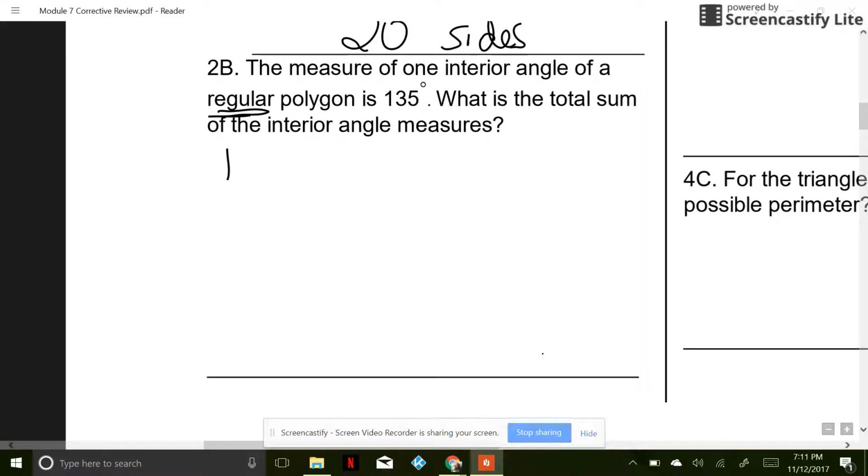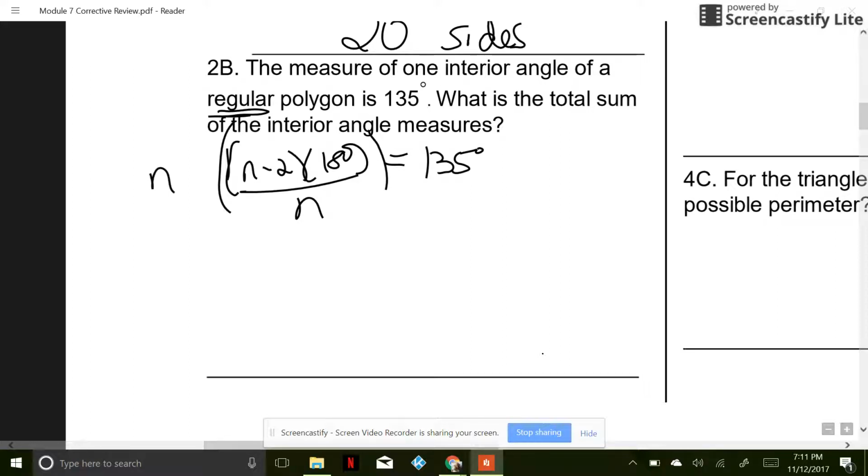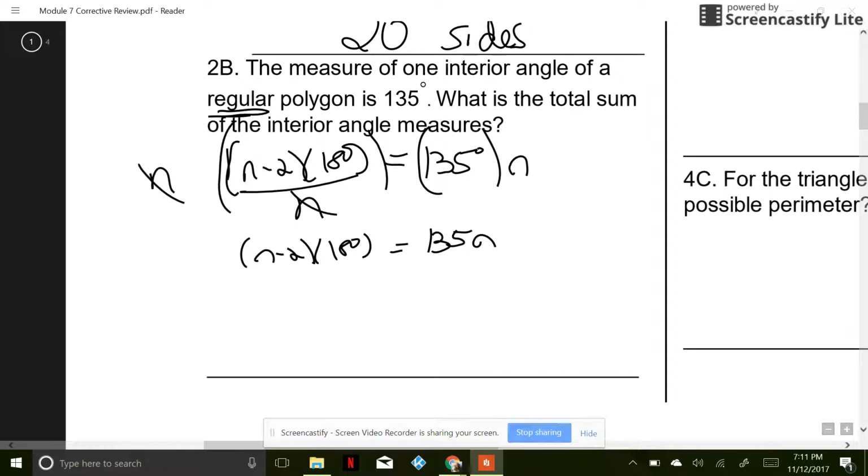So we know that (n minus 2) times 180, divided by the number of sides, should be equal to one angle. In this case, we'll multiply both sides by n. Those will divide out. We'll be left with (n minus 2) times 180 is equal to 135 times n.